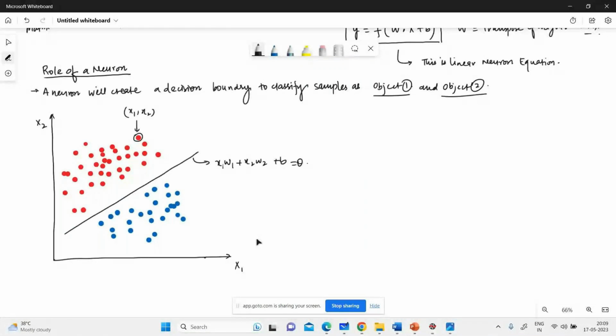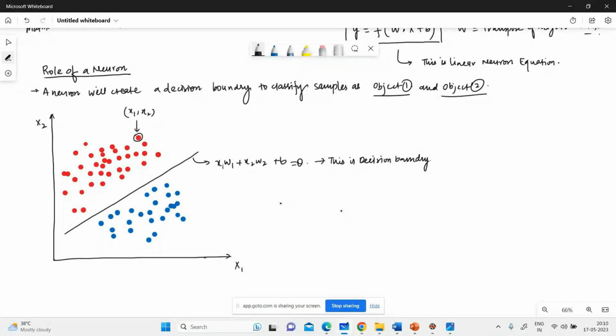So this is what I was saying, that we have a decision boundary here, which will be an equation like this. There are two parts in this. The first part is x1 w1, x2 w2 plus bias.